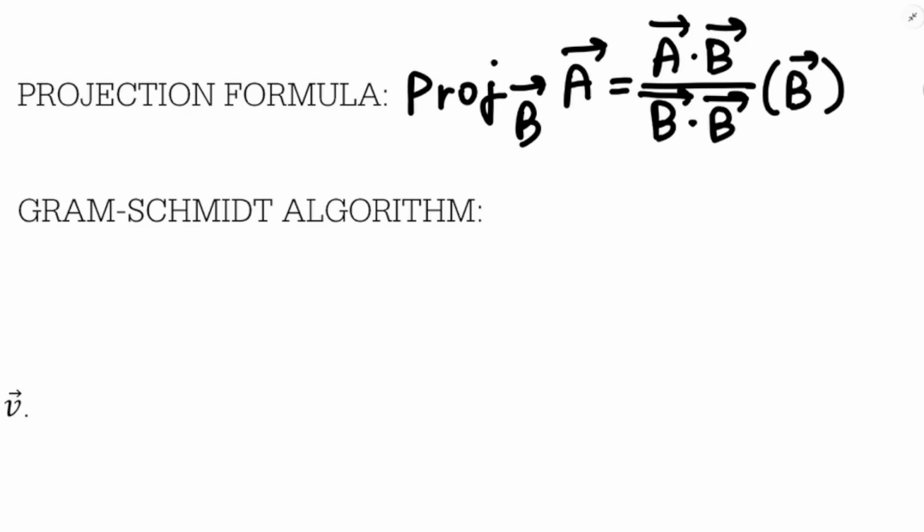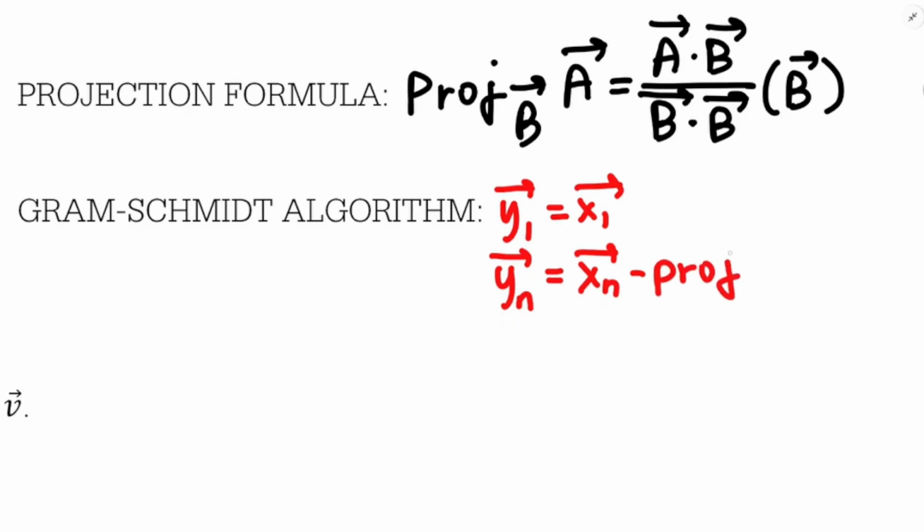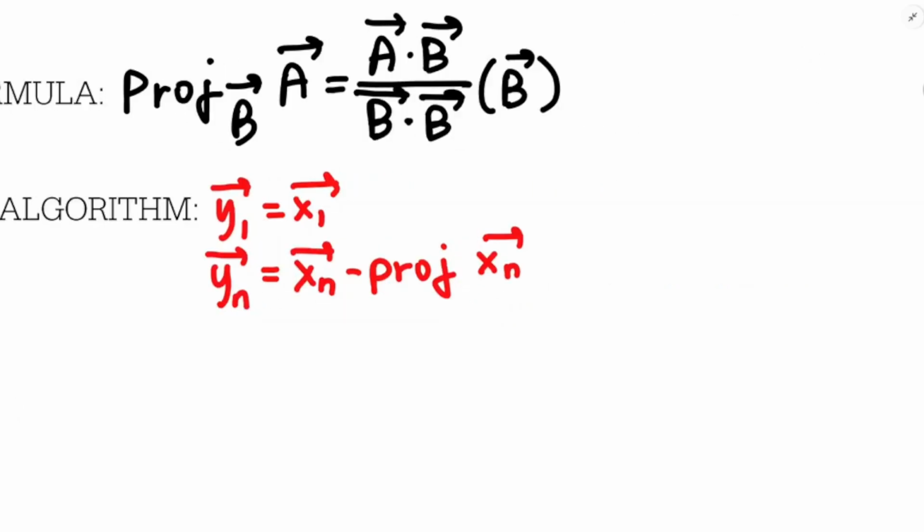Then the Gram-Schmidt algorithm: we start with a set of vectors x1 through xn. And so y1 equals x1. And then after that, the nth y is equal to the nth x minus where we project xn back onto all of the other ones.